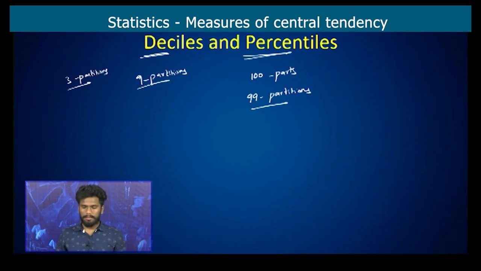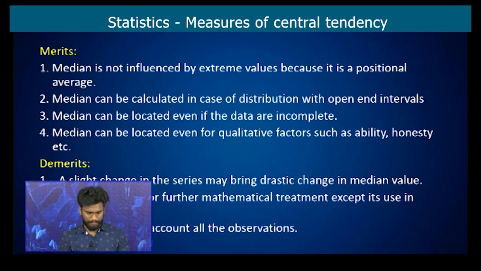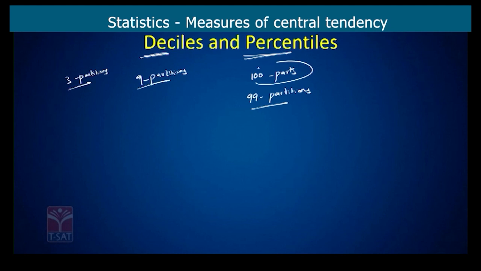After dividing into 100 parts we get 99 partitions. The first percentile is given by 1 into (n plus 1)/100th item.